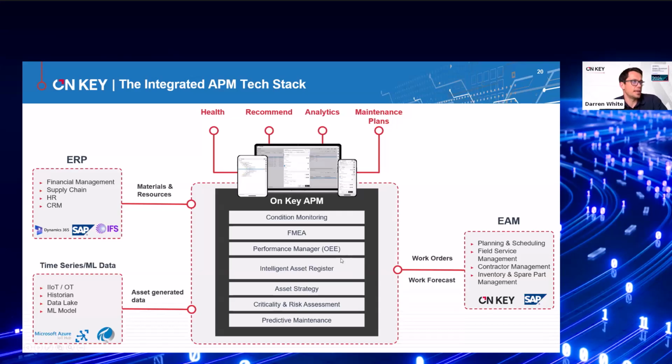And how do you get that output? There's a couple of features that support that outcome: condition monitoring, your FMEA, your OEE, your intelligent asset register, etc., and then your criticality and risk assessment.